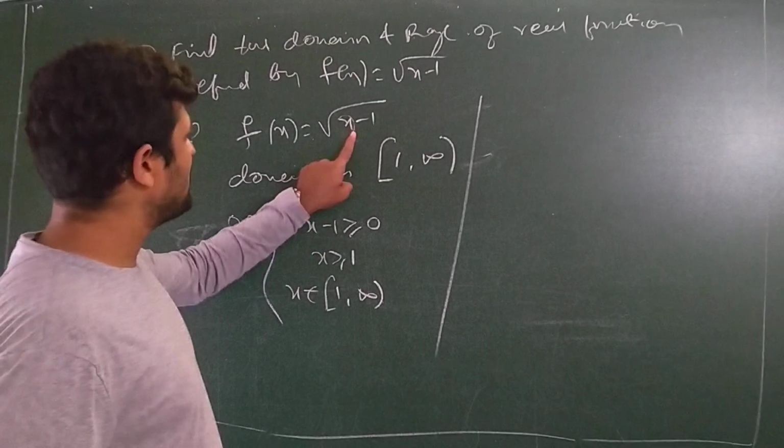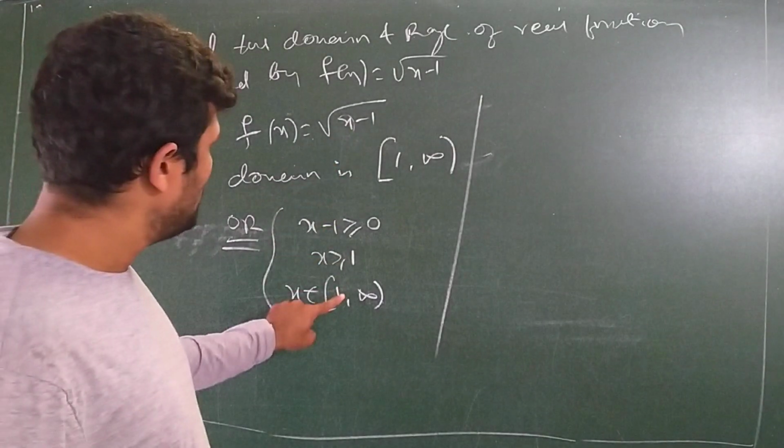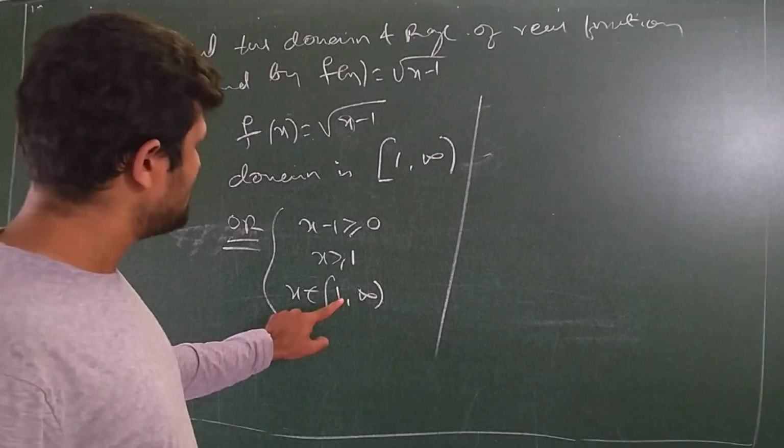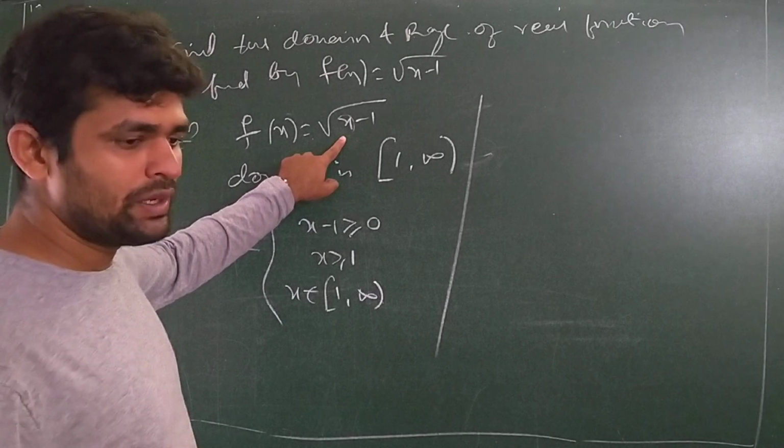What are the possible values you will get? If I replace x with 1, I will get 0. If I replace 2, root 1, which is 1, I will get.